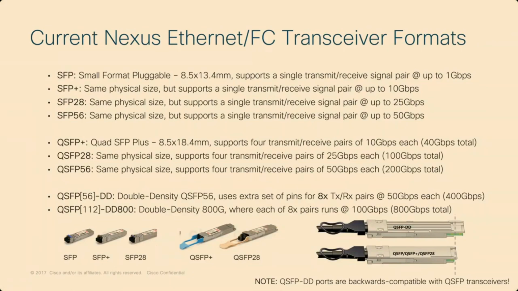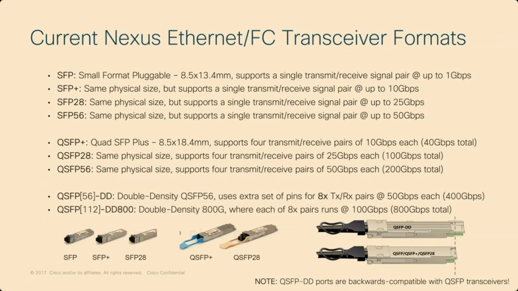Okay, the common transceiver formats that you're going to find in the data center today are usually some form of SFP, which is called small form pluggable, or QSFP, which is quad SFP. And the SFPs are the ones that you're used to. We used to call them GBICs back in the day, for gigabit interface connector.